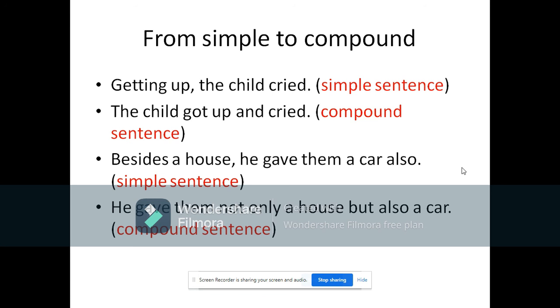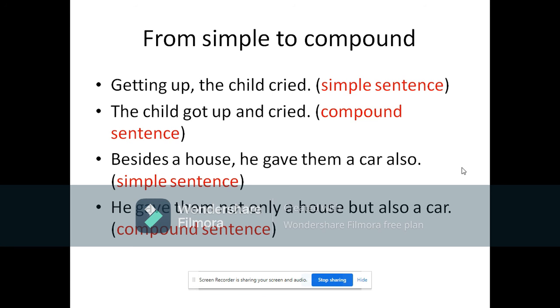It's a simple sentence. Compound sentence: The child got up and cried. The child got up, the child cried, joined together by the coordinating conjunction and.